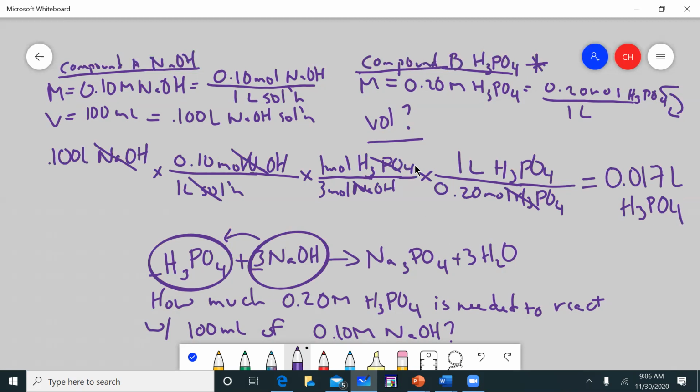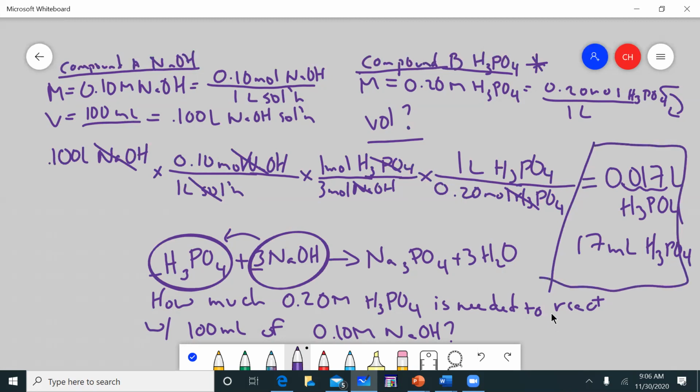And if I was to write this as, let's say the problem wanted it in milliliters, I could easily convert 1, 2, 3 back into 17 milliliters of the H3PO4. The problem may have wanted it in milliliters because they gave us the information in milliliters. Okay, either of those would work. Just make sure you're using your units correctly.